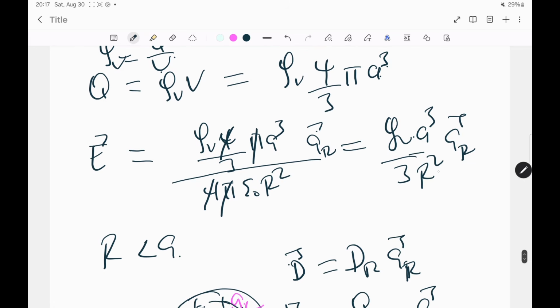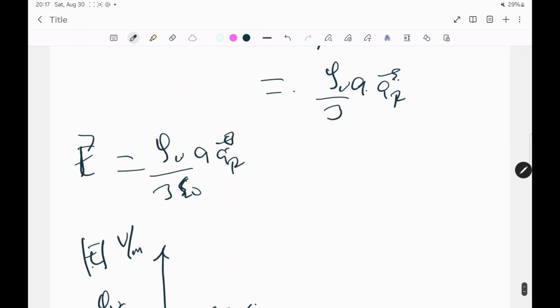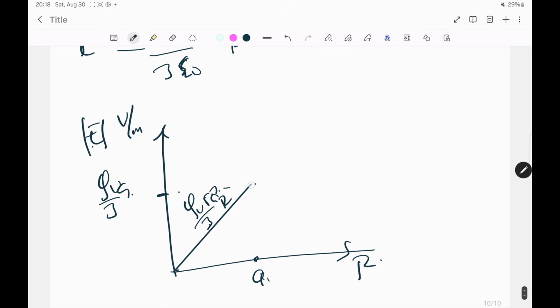You can see that as R increases, it approaches 0, so we get something of this nature here. So this becomes our sketch for this.